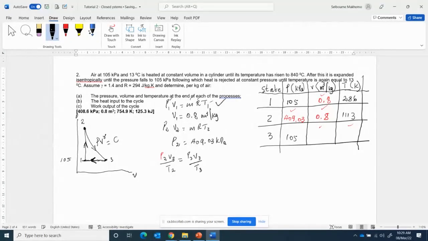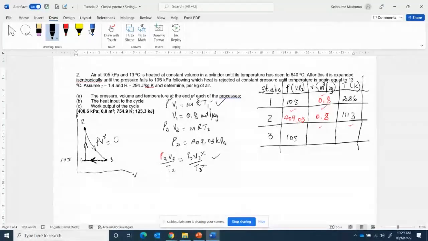So these two formulas are applicable to all the processes. We have P2, we have V2, we have T2, we have P3. Unfortunately, we don't have V3 and we don't have T3. We cannot use that formula.